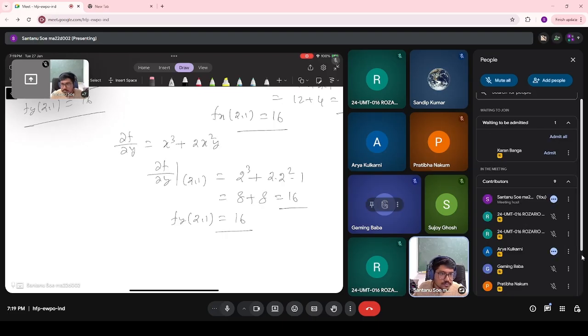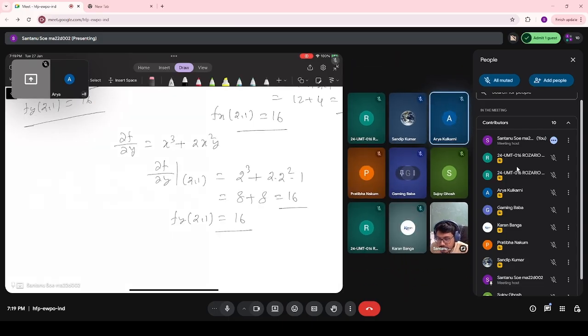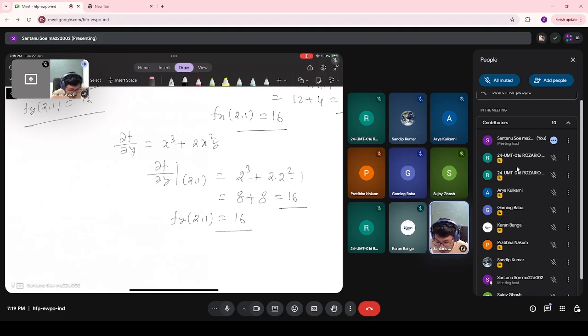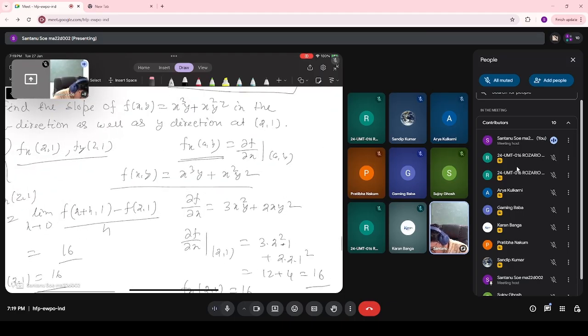Sir, how can we understand by seeing that the limit exists? Yeah, that's a bit through the habit of solving questions. For example, here I told you that this is a polynomial function in x and y, a higher-degree polynomial in x and y. That's why I can tell the function will be differentiable, and since the function is differentiable, both the partial derivatives will exist.